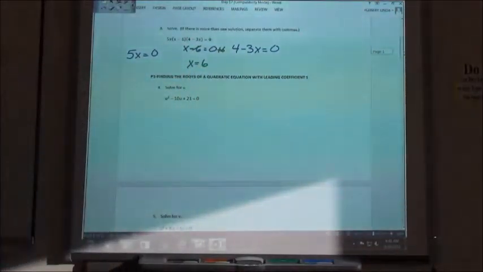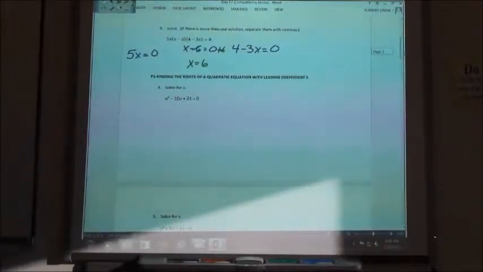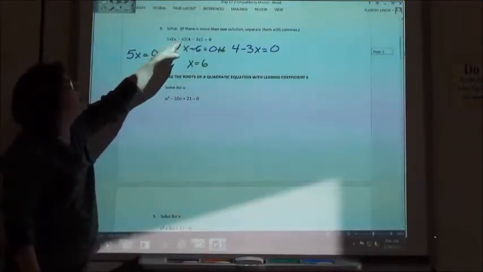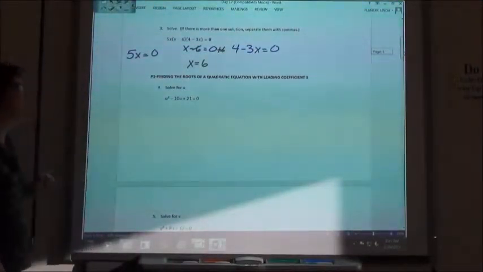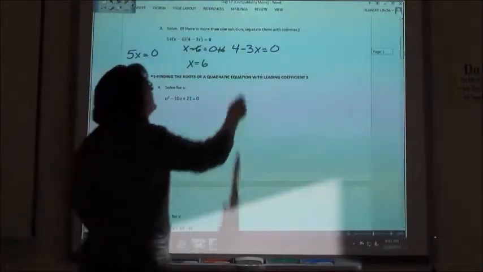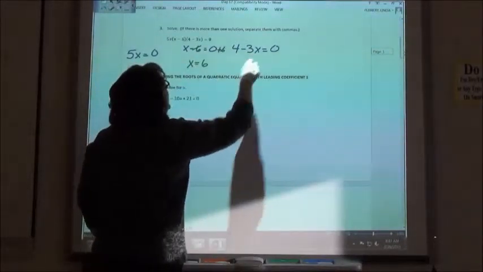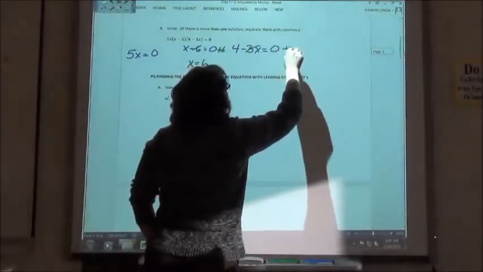And we don't divide by 6, because there's not a number in front of the x other than 1. So x just equals 6. If we substituted it in, 6 minus 6 is 0. Then for 4 minus 3x equals 0, we go positive 3: make that a positive 3x and move the x over.